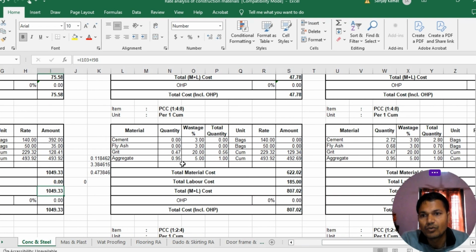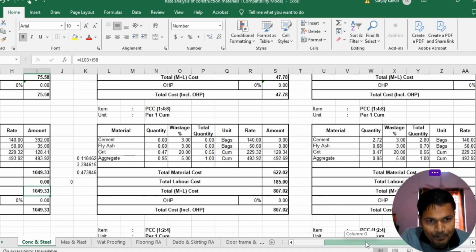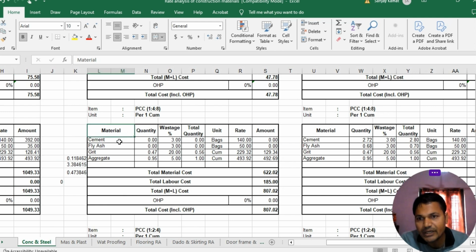Same thing, only the values will be more or less. Okay. This time the material will be the same: cement, fly ash, grit, aggregate. Okay, so the quantity we don't take this time to make this PCC, 1:4:8 cement, sand, aggregate.